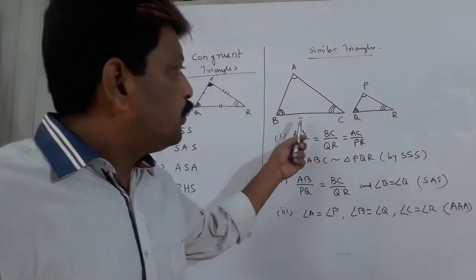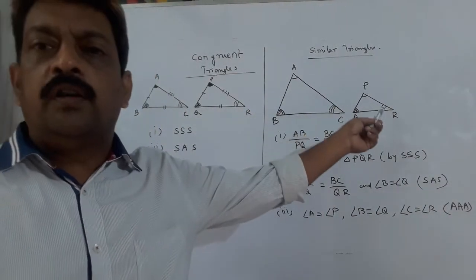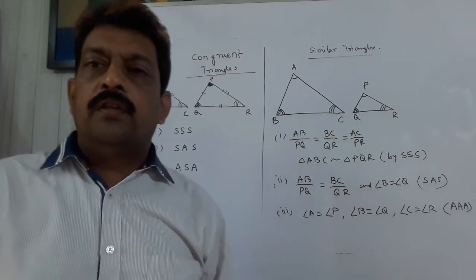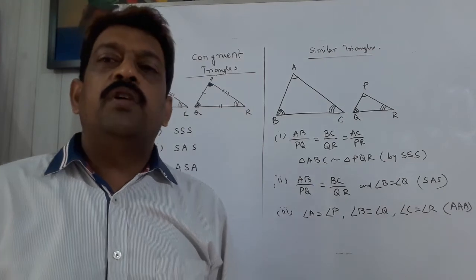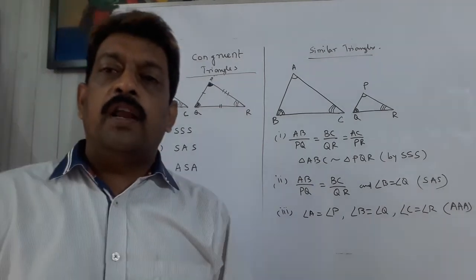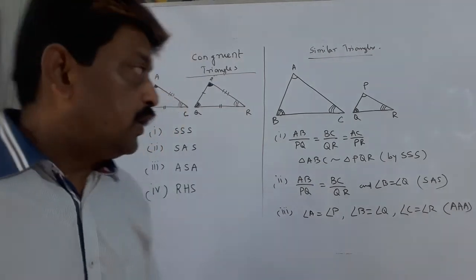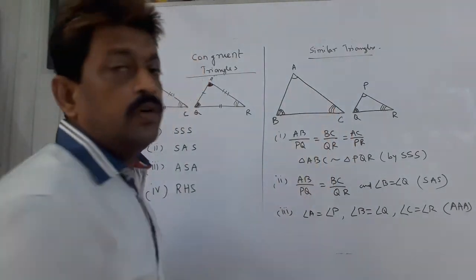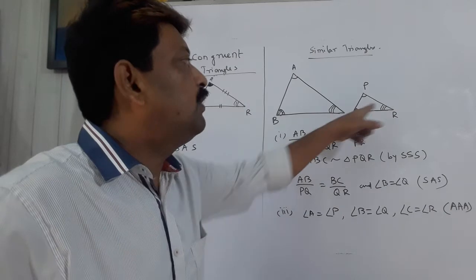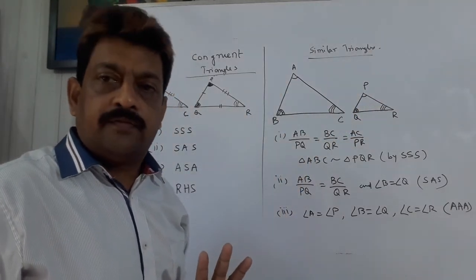If we can show that any two angles are equal in both the triangles, then we can use the criteria AA. Now why so? Because we know the sum of all angles of a triangle is 180 degrees. So if angle A equals angle P and angle B equals angle Q, then automatically angle C will become equal to angle R.